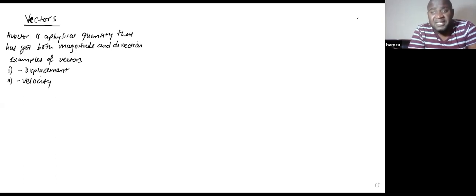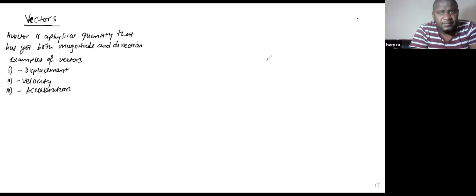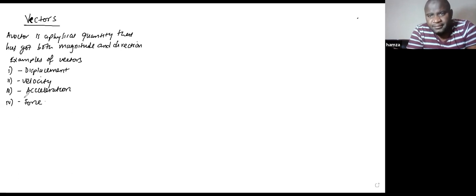But velocity is a vector because velocity takes into consideration the direction where it is acting. Then three, we have acceleration. We also have force, which is also a vector. Pressure is also a vector, and so many other items.